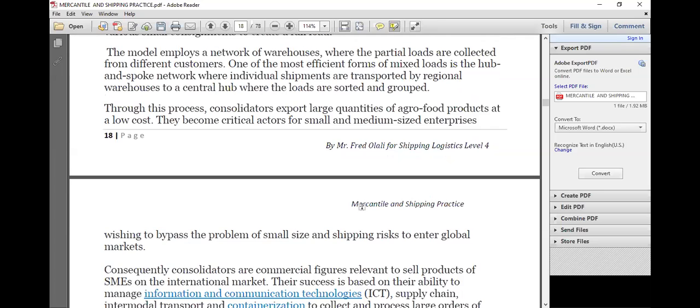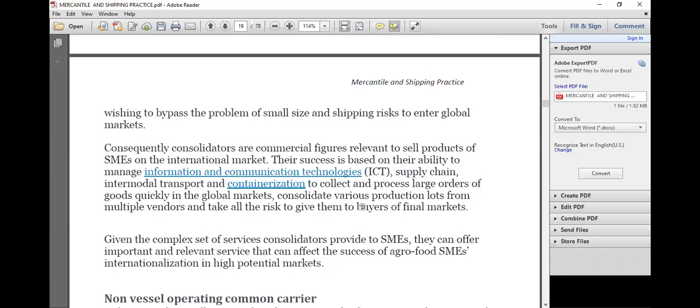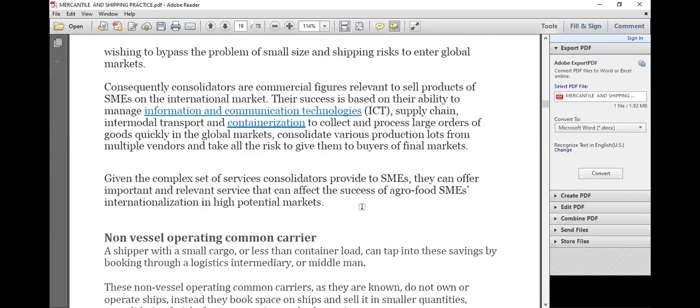Now, consequently, consolidators are commercial figures relevant to selling products of SMEs in the international market. Their success is based on their ability to manage information and communication technologies.